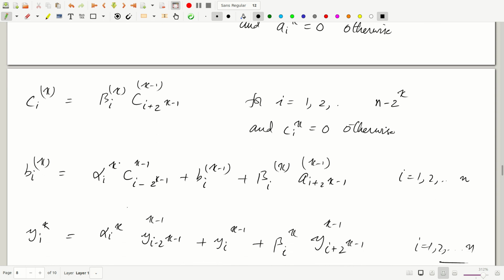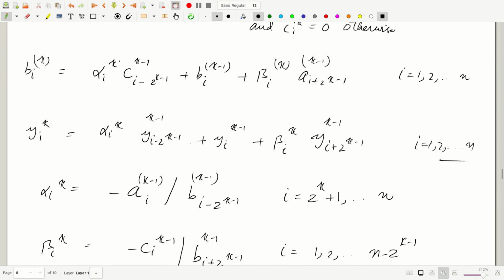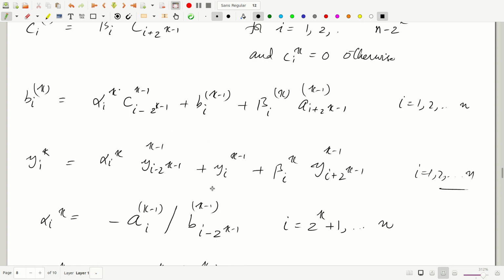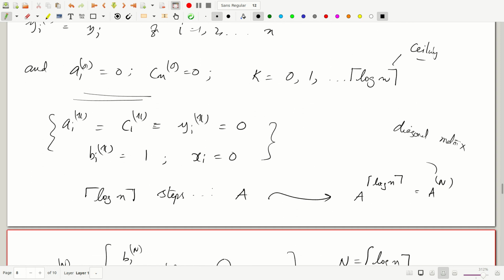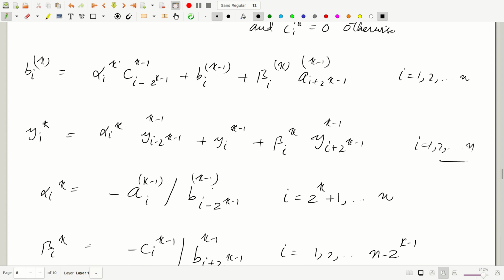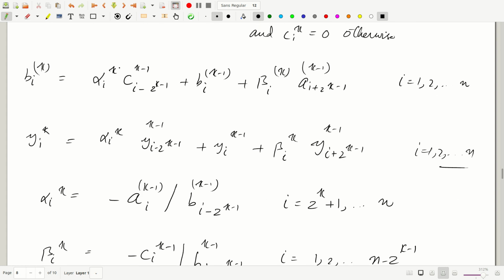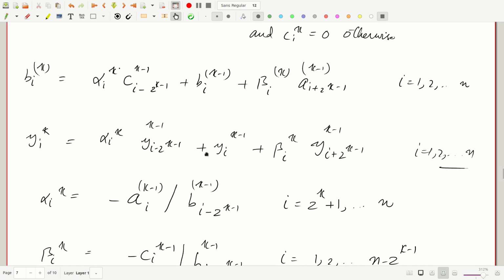Once you compute alpha and beta, they only depend on k minus 1 everywhere. Your i values only depend on i minus 2, i, and so on. So these are all available at the previous values.